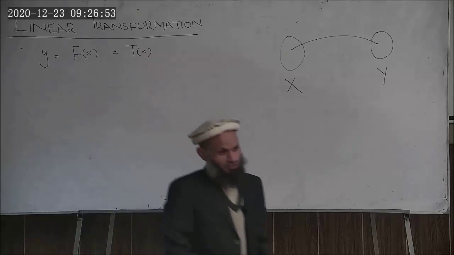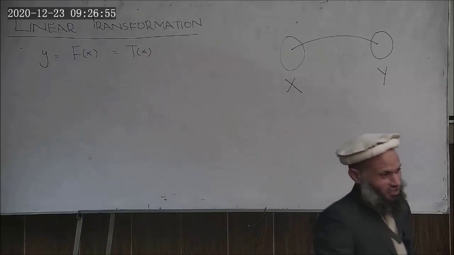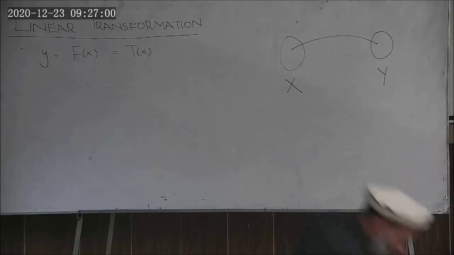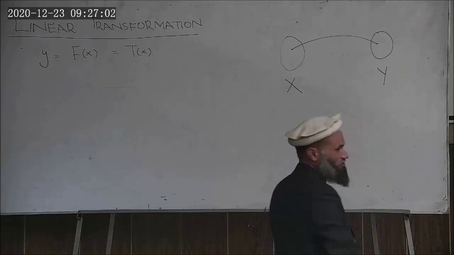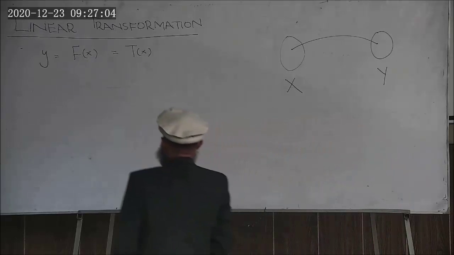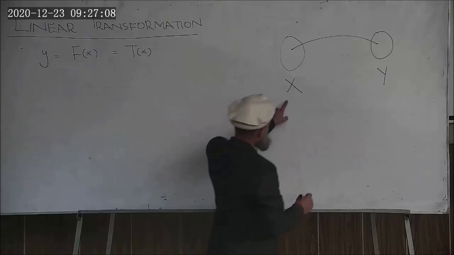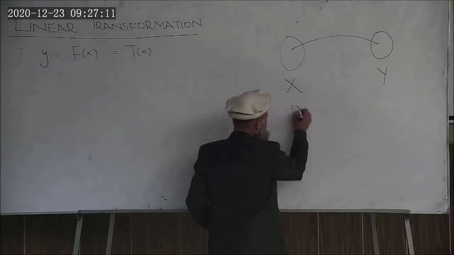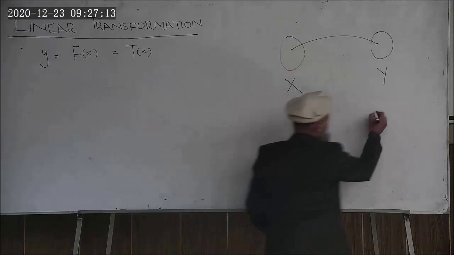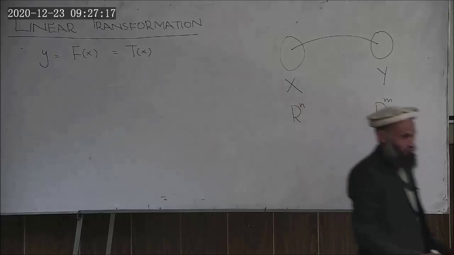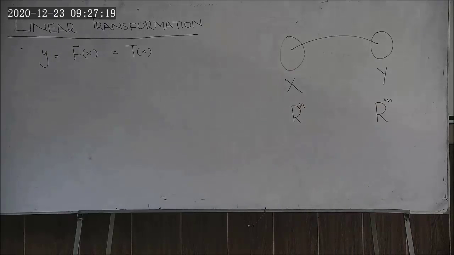This transformation is a linear transformation if it satisfies two conditions, that is superposition and homogeneity. And if this space X is Rn and this space Y is Rm, then the transformation can be described by a matrix.